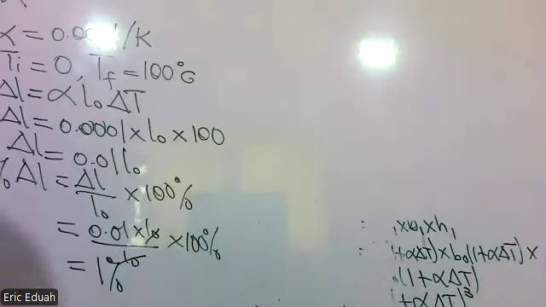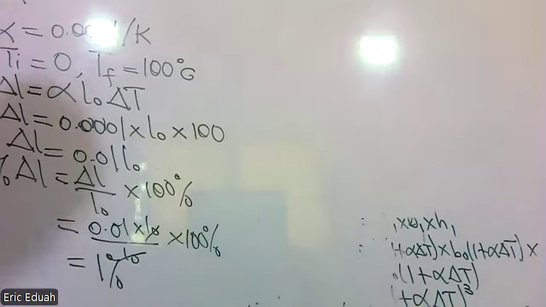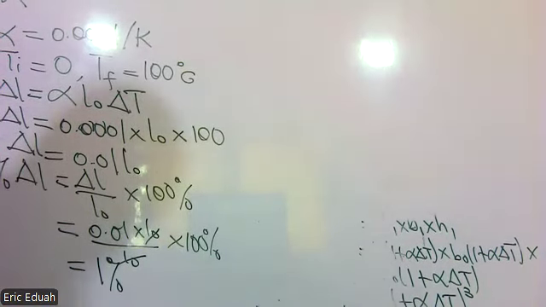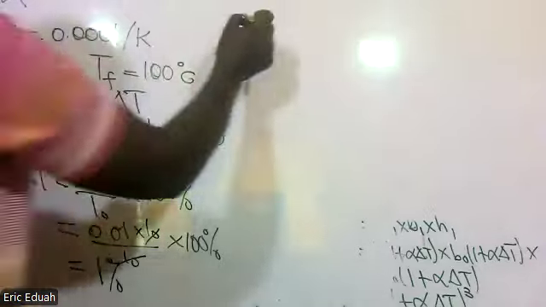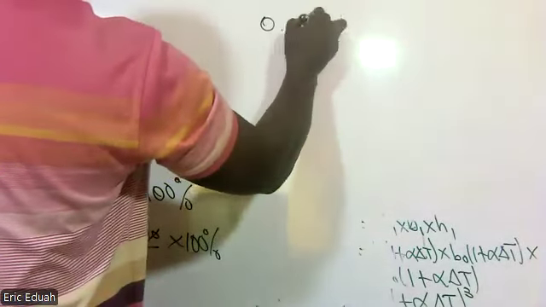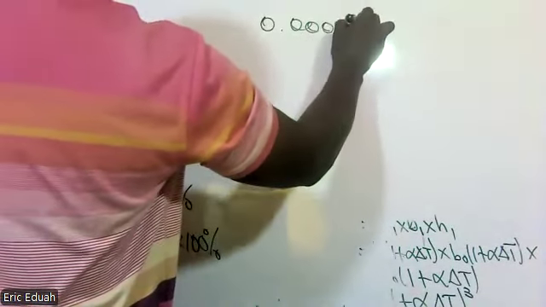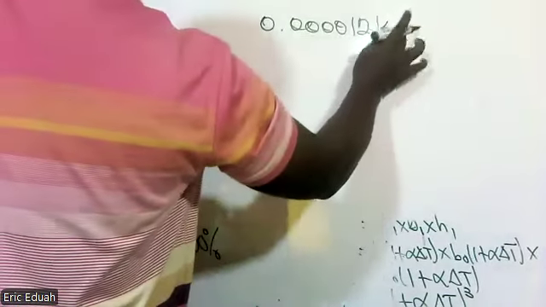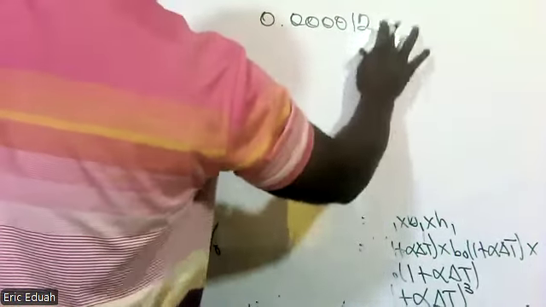So we are told that the coefficient of linear expansion of iron is 0.00012 per Kelvin.